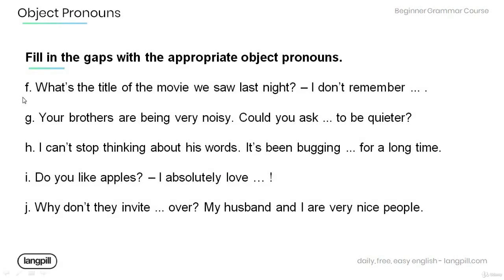F. What's the title of the movie we saw last night? I don't remember. G. Your brothers are being very noisy. Could you ask to be quieter?